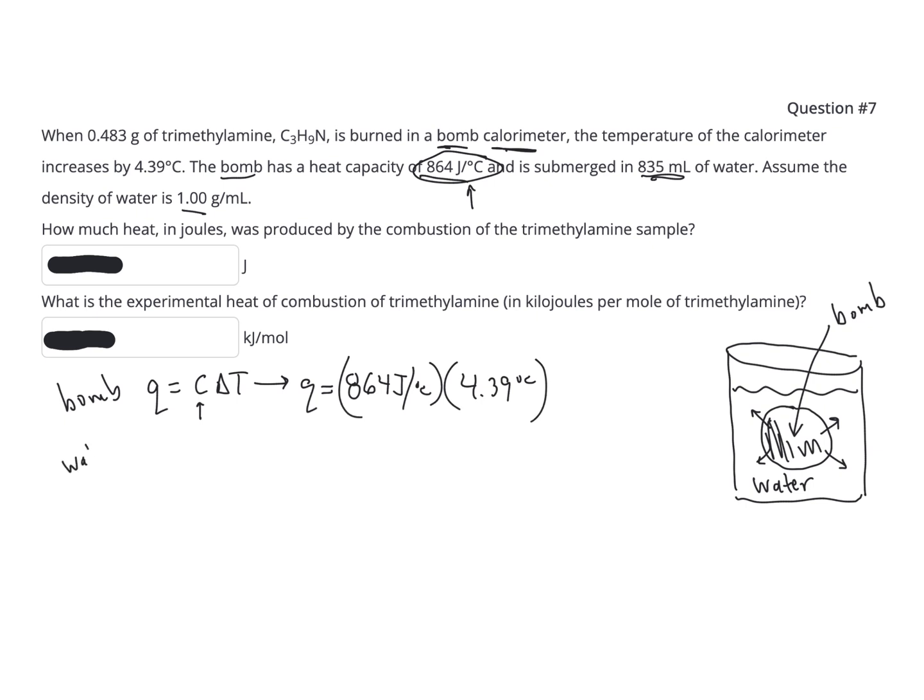Now we can calculate for the water as well, and this would be Q equals m c_s delta T. My water is 835 milliliters, which is 835 grams of water. We know the specific heat of water is 4.18 joules per gram times degrees Celsius.